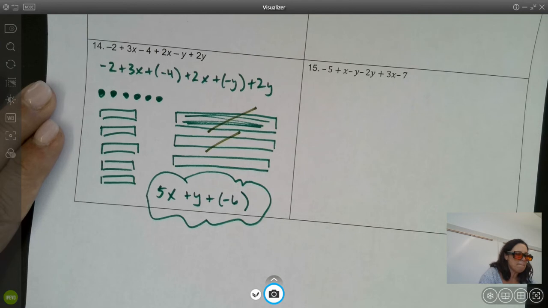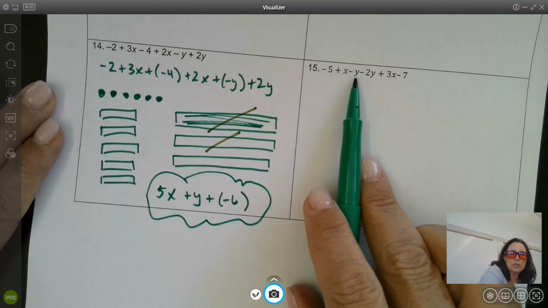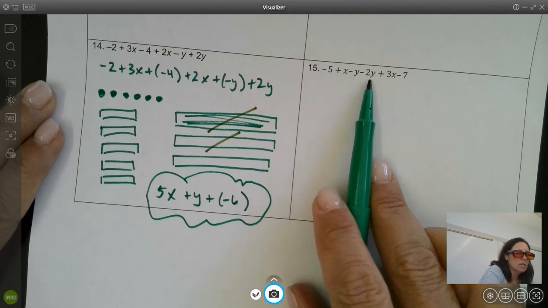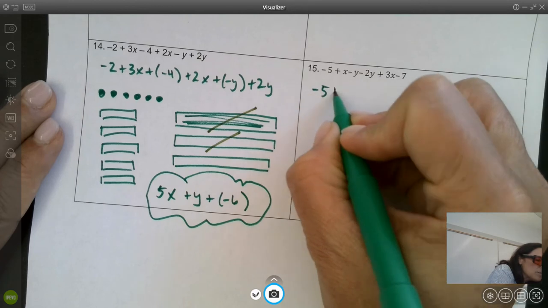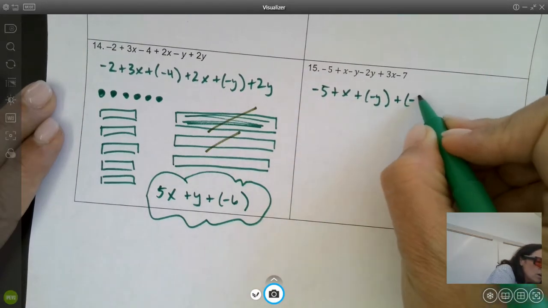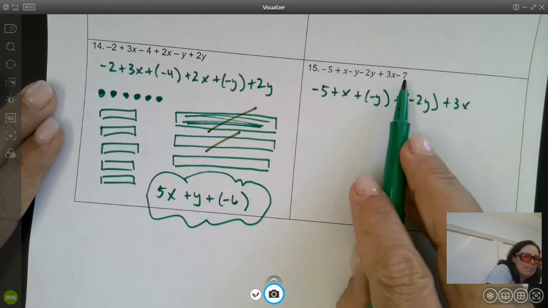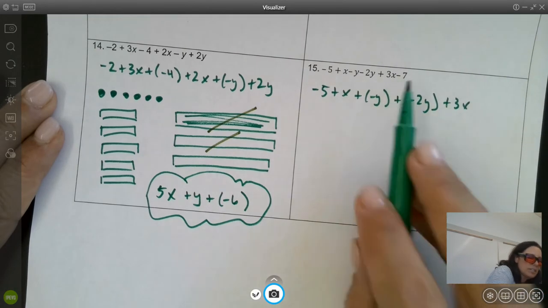Okay, one more. Let me look ahead at it and see if I want to change my minus signs. Yeah, I don't want to be making zero pairs to take away a y, and I don't want to do it again with this one. So I'm changing this expression to be all additions. And I don't want to take away positive 7.